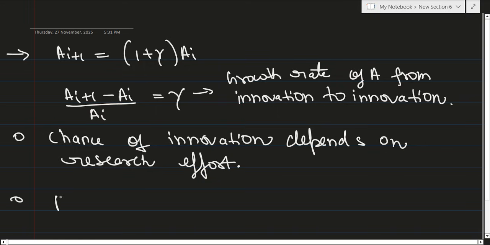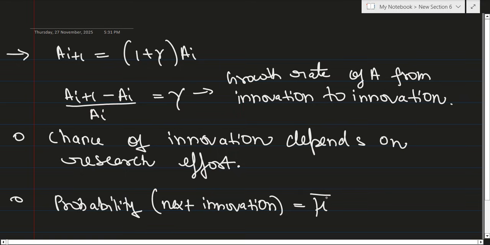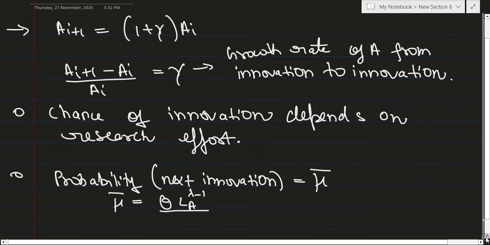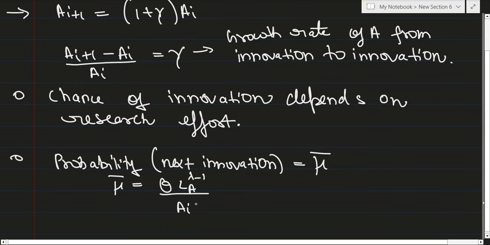So we can define the probability of the next innovation as nu bar, where nu bar equals theta L_A, that is the share of labor engaged in research, to the power lambda minus 1, whole upon A_i to the power 1 minus phi. We will come back to the interpretation of this very soon.